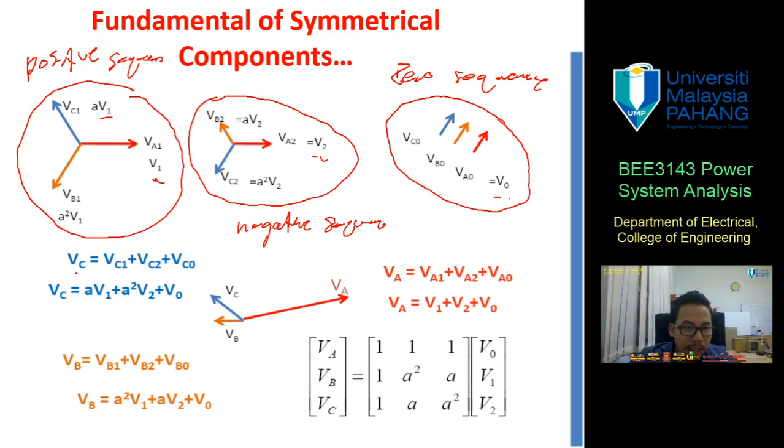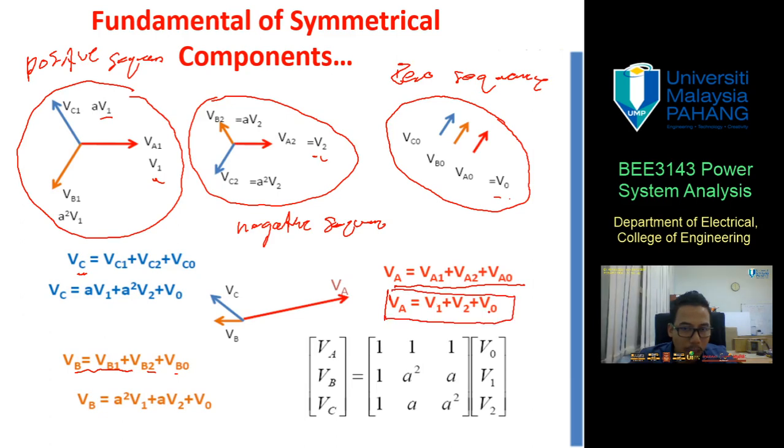So VC is the sum of VC1 plus VC2 plus VC0. Same as VA, which is the sum of the positive, negative, and zero. Same for phase B also: positive, negative, and zero. If we take VA as the base, it is V1 plus V2 plus V0.